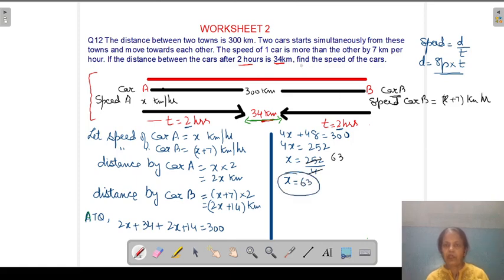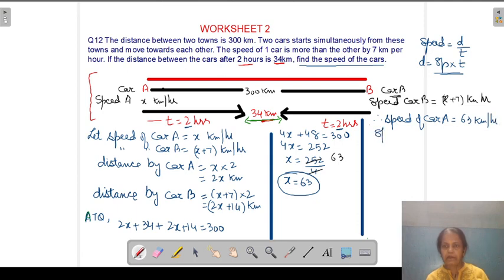Now, the question is to find the speed of the cars, meaning the speed of both the cars. The speed of car A, which I have taken as x, is 63 km per hour.